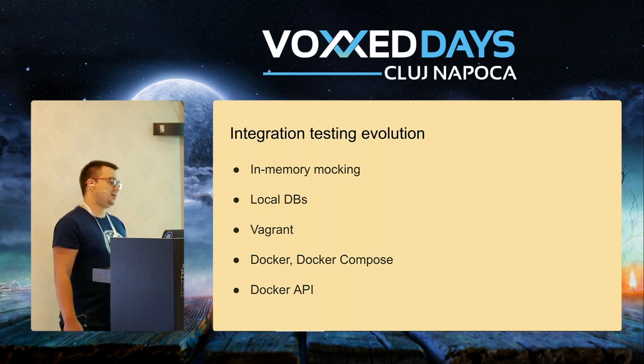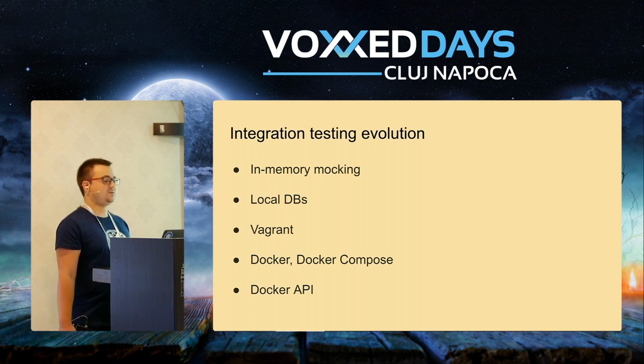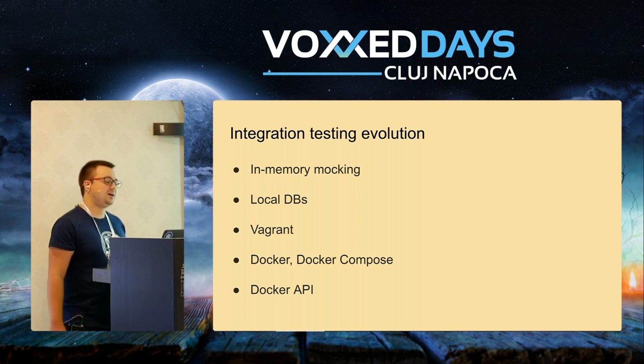But then also for integration testing, we can use a local database. We can run that on a local machine or on a CI machine. Then Vagrant was introduced. Frankly speaking, I skipped this step myself. I never used Vagrant. But then came Docker, and you can use Docker and Docker Compose.